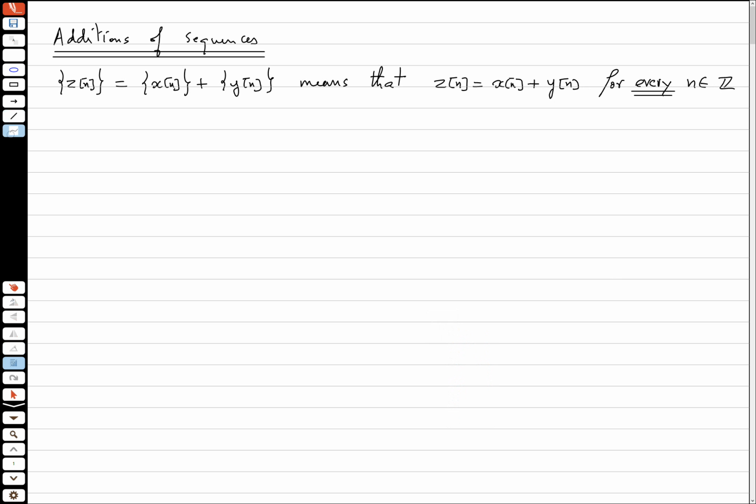So example. Suppose you take, I like to take the same sequences every time. -2, -1, 0, 1. 4, 3, 2, 1.